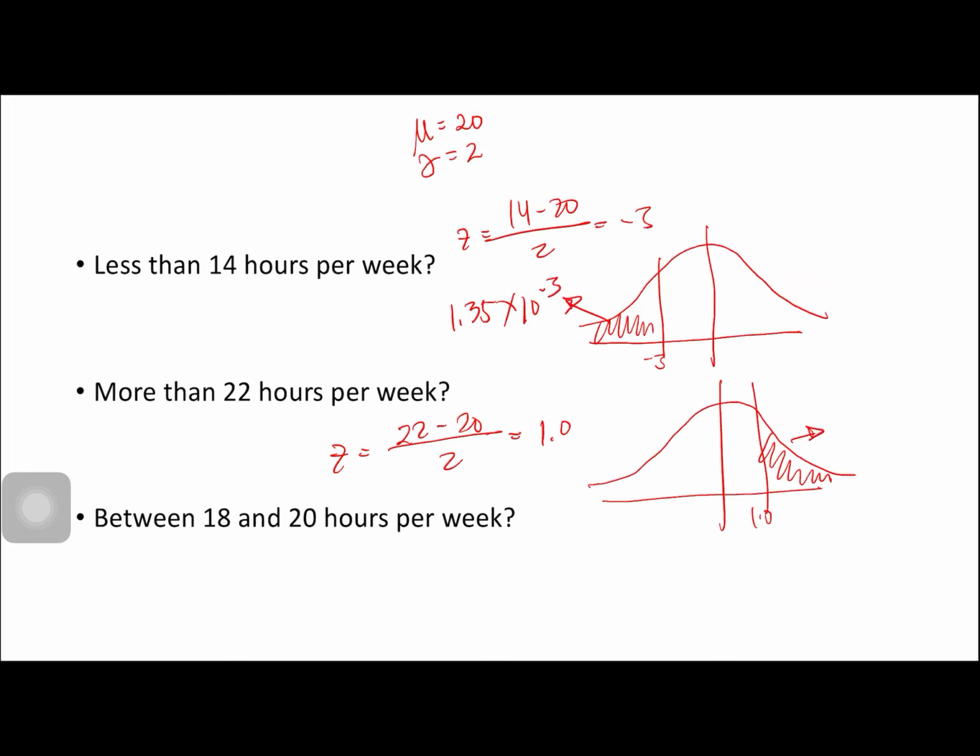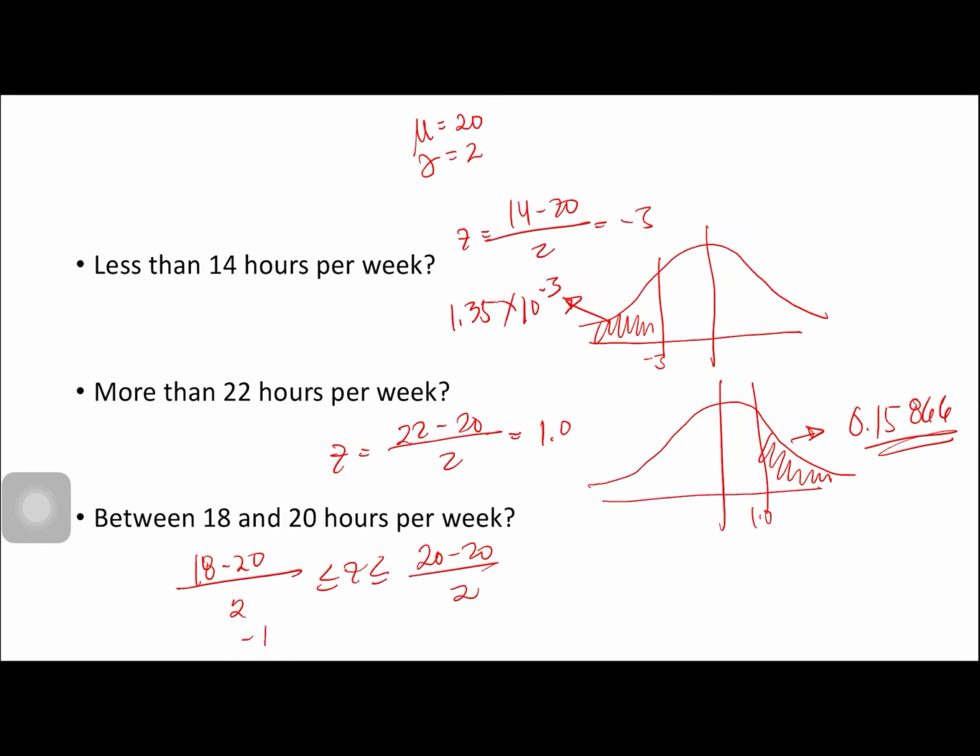So we need to find the area to the right of 1. So that will be R of 1. That is 0.15866. Okay?